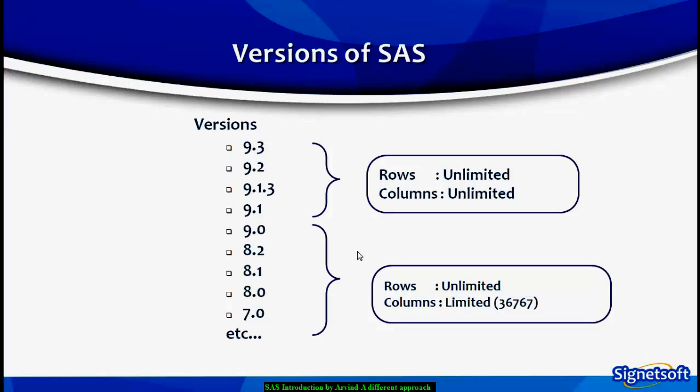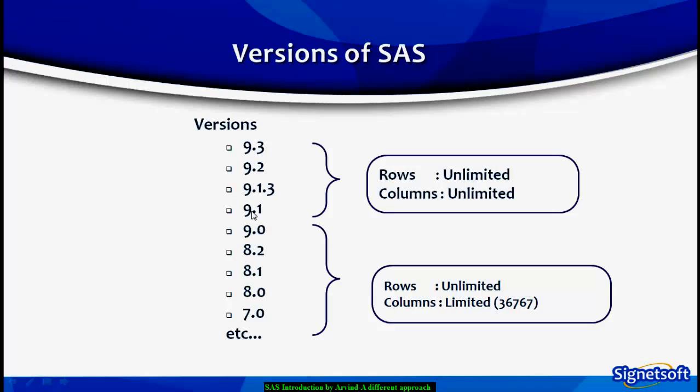Coming to the versions, 9.3 is the latest version. Of course 9.4 is also released, and previous to that 9.2, 9.1, like that we have different versions. Up to 9.0 there was some limitation for columns, that is 36,767. Actually it's a very big number. And coming to the rows, there is no limitation at all, that is up to 9.0 version.